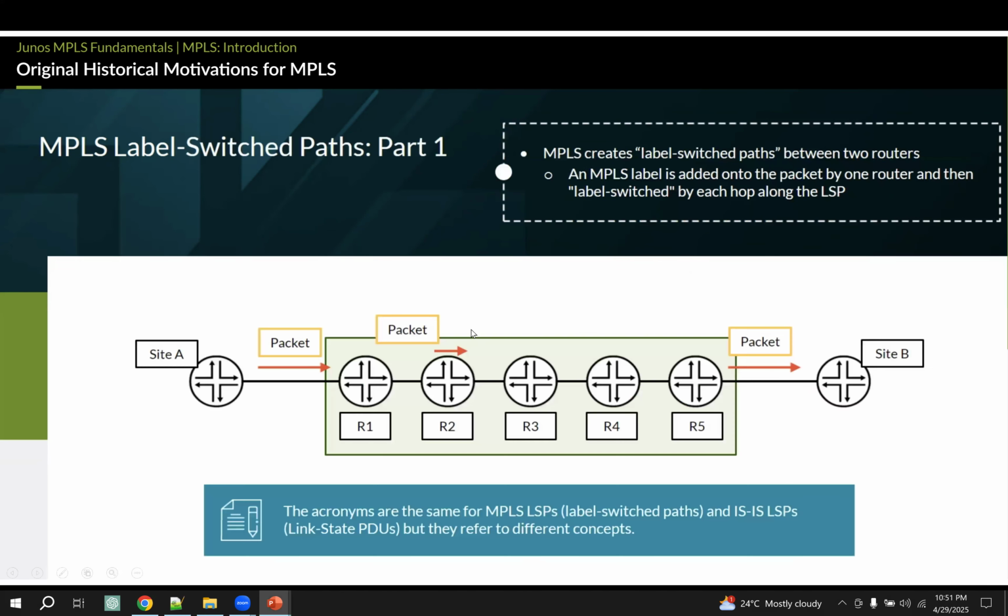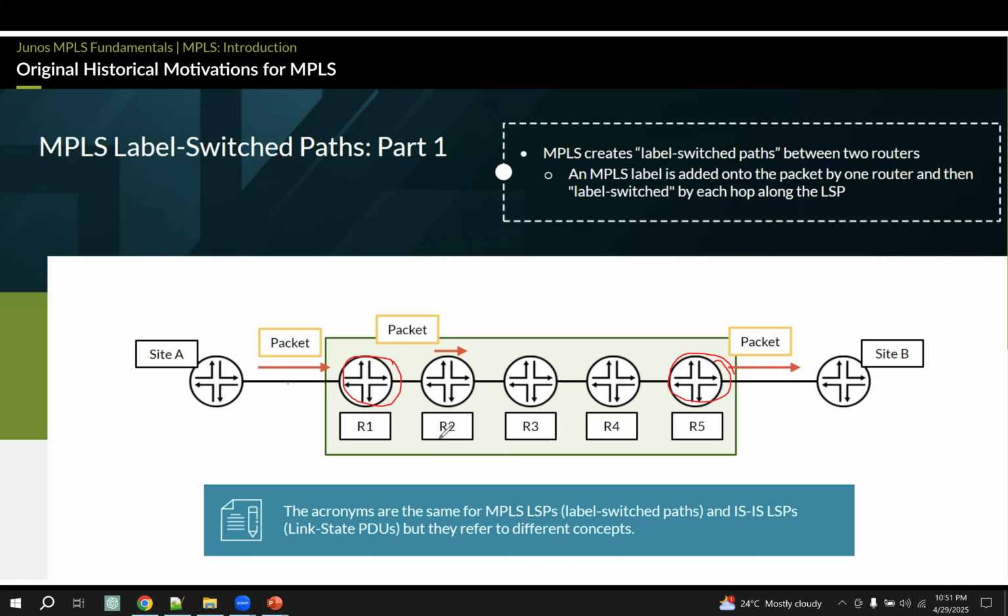Next is the MPLS Label Switched Path, LSP for short. You can say here is a PE router, a provider router, and another PE router.